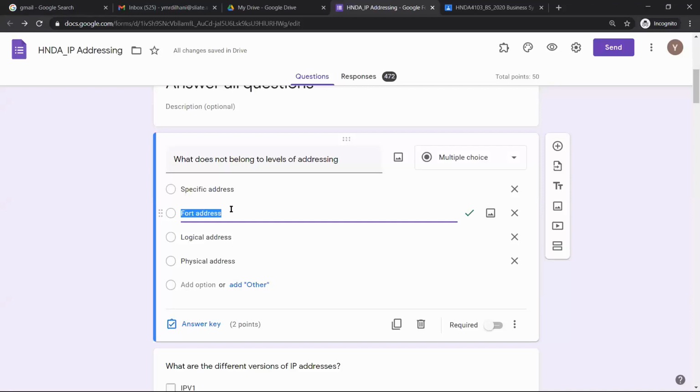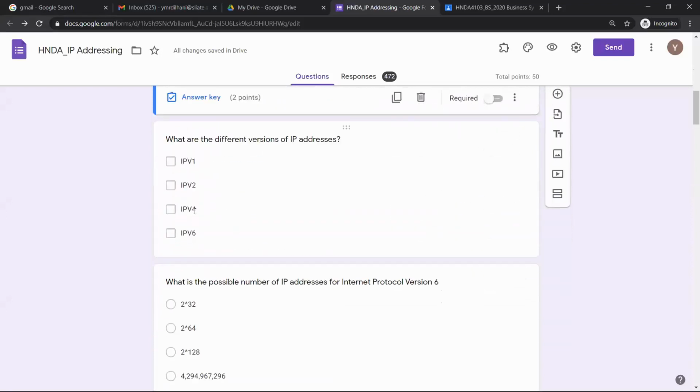So the wrong answer here is this fort address, because the correct answer is P-O-R-T, port address. So what does not belong to levels of addressing is fort address, because the levels are specific address, port address, logical and physical addresses. Those are the 4 levels you have. So this will be the wrong answer.